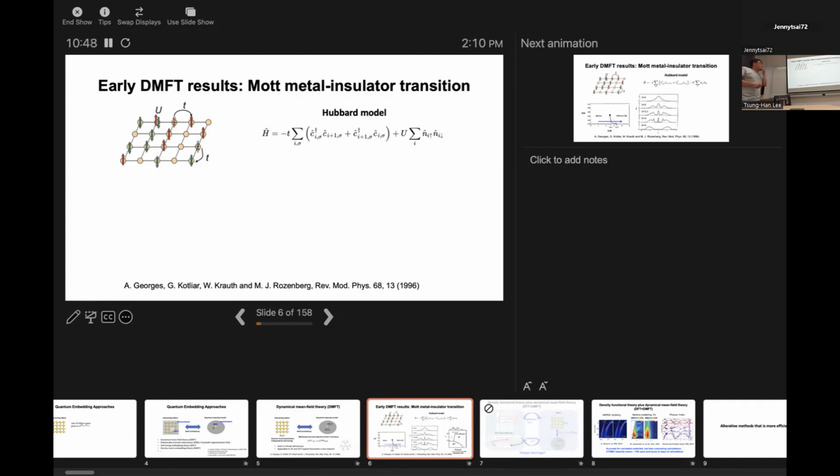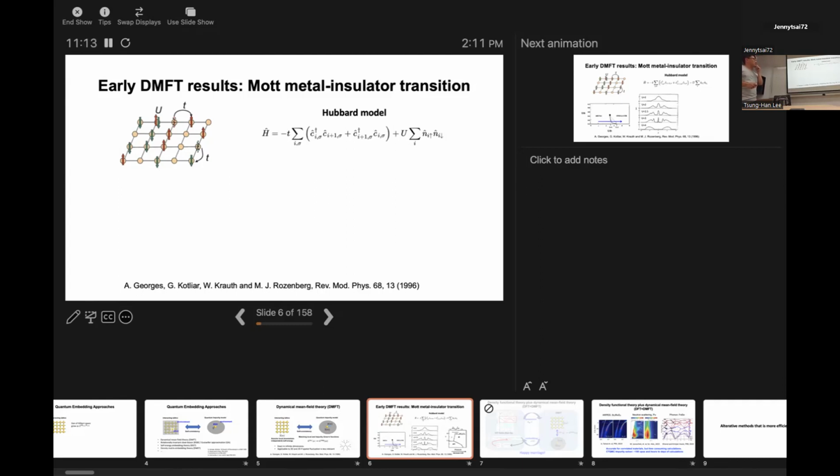So we can imagine that if the system is half-filled and there are atoms on each site, then if another atom hops from a site to another site to create this kind of double occupied configuration, then this U term, if it is very large, will cost a lot of energy.